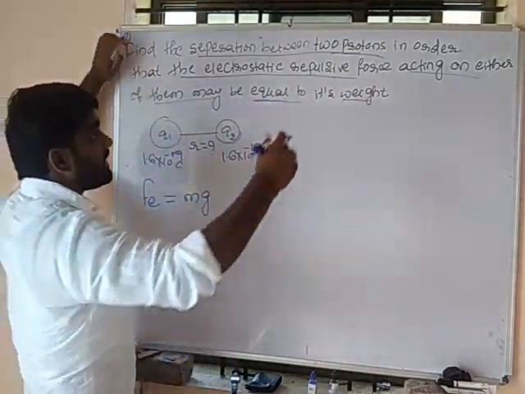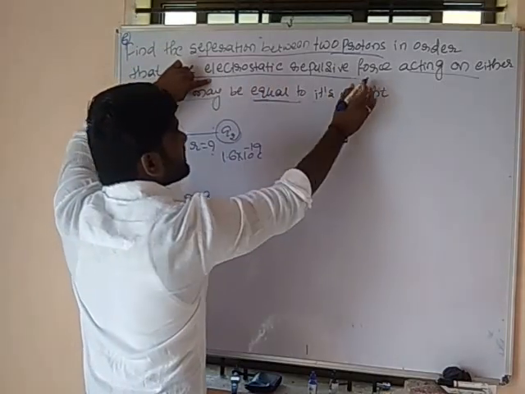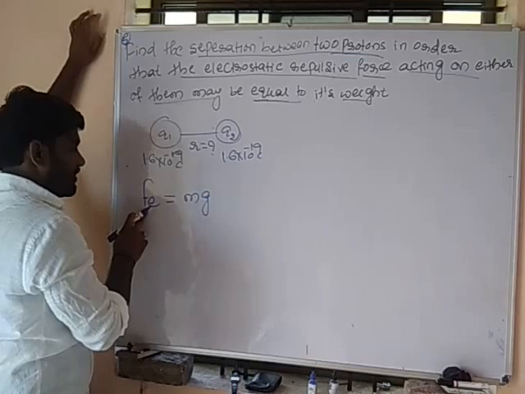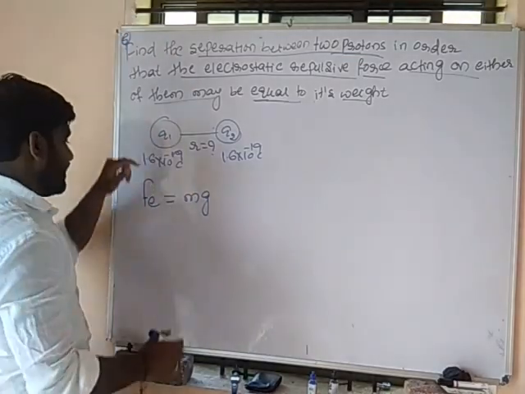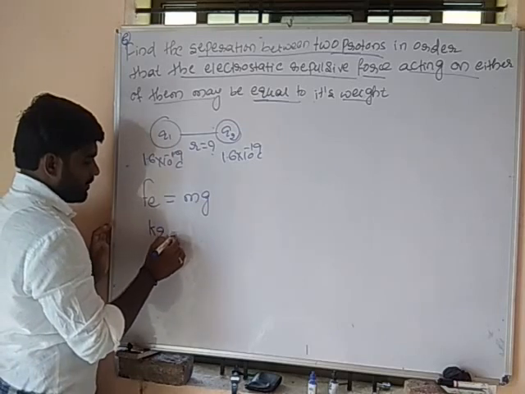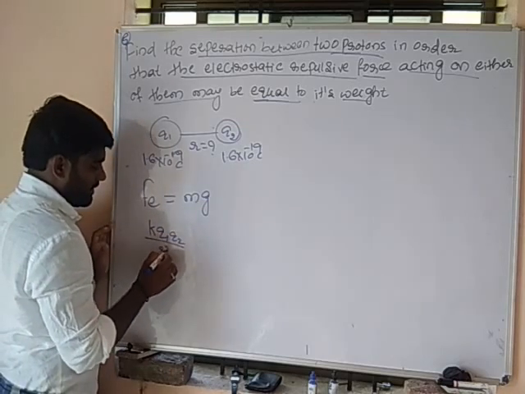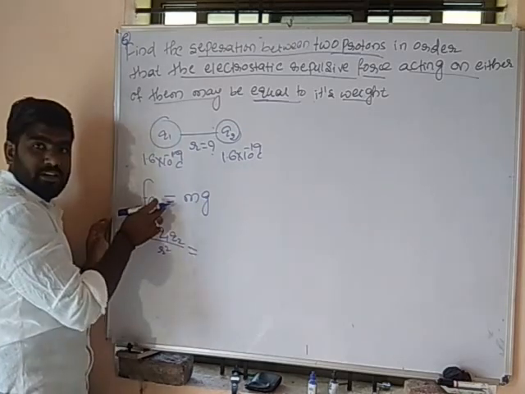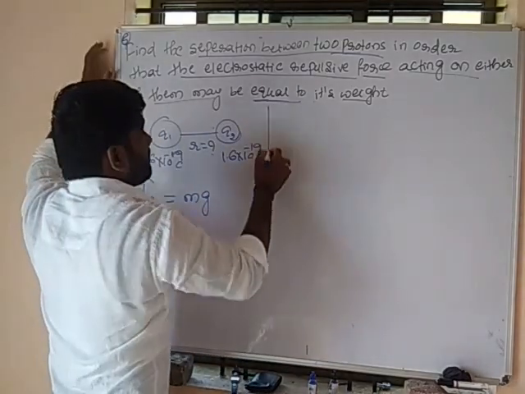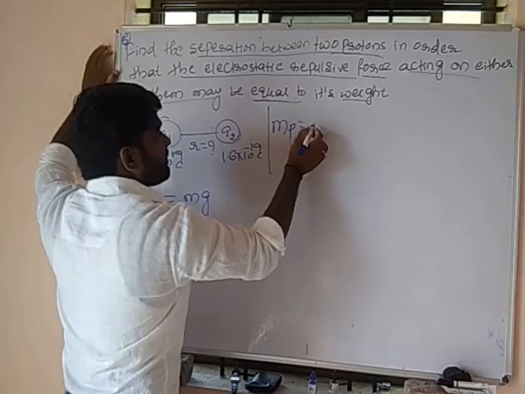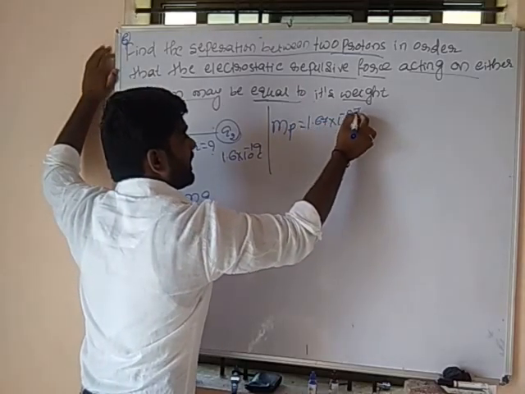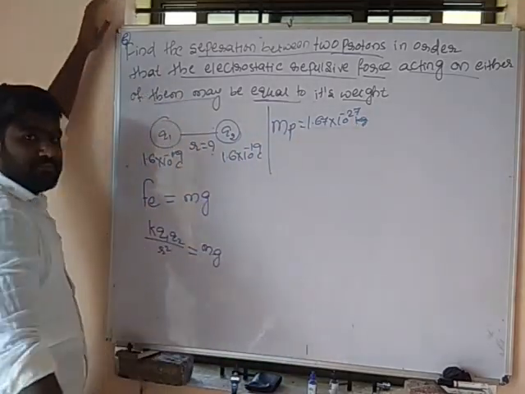Okay. If you did not understand, look at this: electrostatic repulsive force is equal to its weight. Electrostatic force is equal to its weight. Okay. What is the electrostatic force equation? It will be K Q1 Q2 divided by R square is equal to F is equal to M into G. So what is the mass of a proton? The mass of the proton will be 1.67 into 10 to the power minus 27 kg.